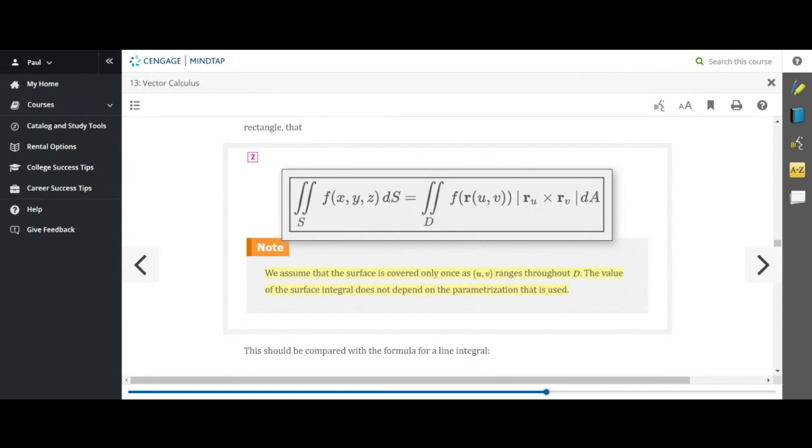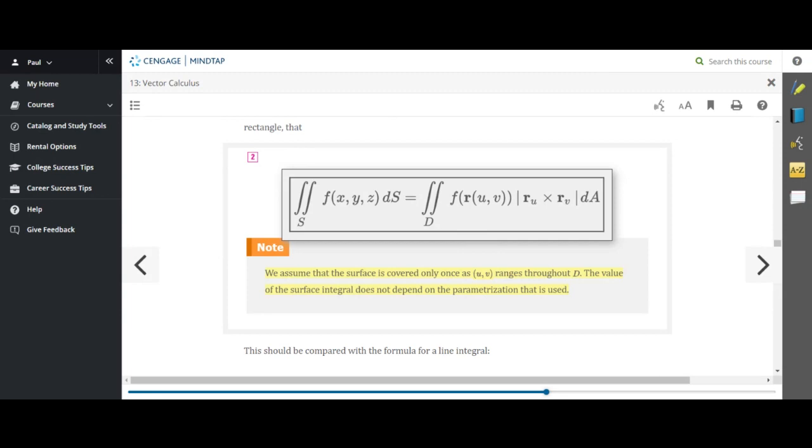And then the dS will become, I want to say this the right way, because delta S is equal to the cross product of r sub u and r sub v, delta u delta v, then dS would be the cross product times dA, where dA is equal to delta u delta v.